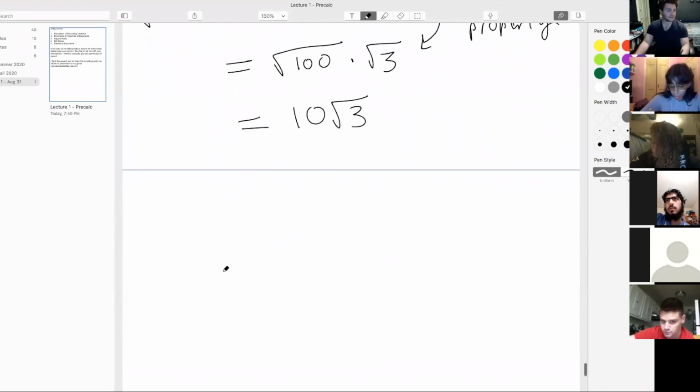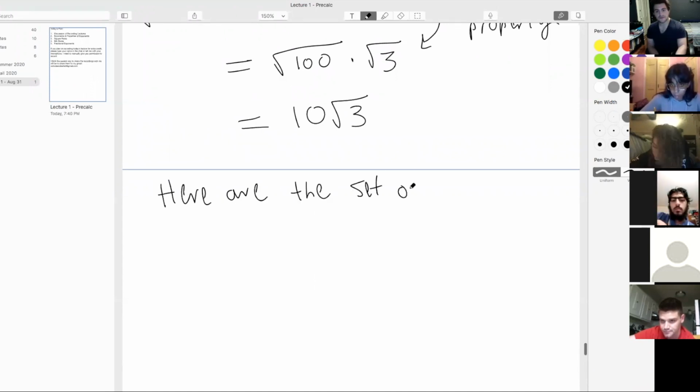Here are the set of steps for simplifying a radical expression.